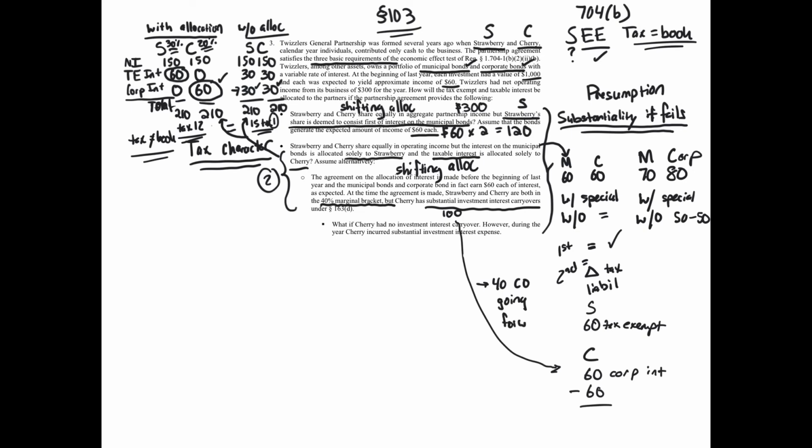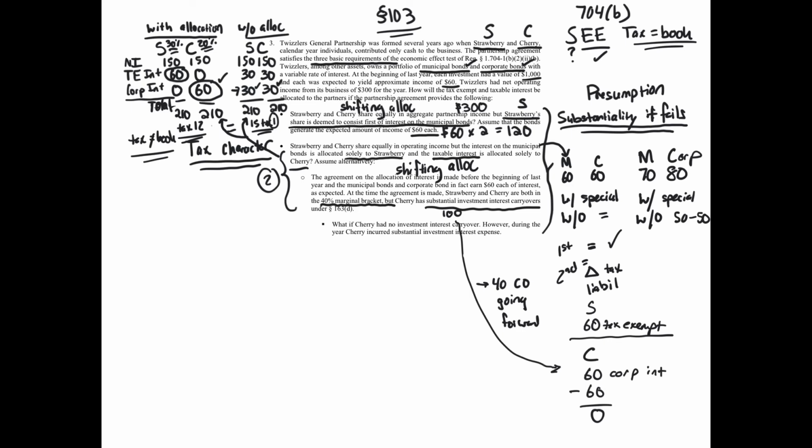And what you see is that there's no interest that cherry is subject to. Versus if it was 50-50, strawberry would have 30 tax exempt, 30 corporate, which would be subject to a 40% rate, that'd be $12. And Cherry would have 30 tax exempt and 30, which would be offset.